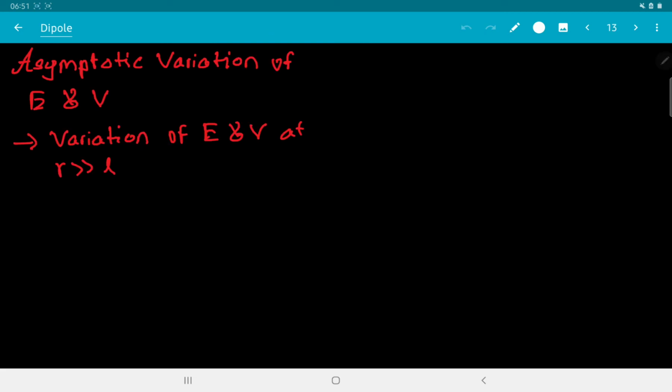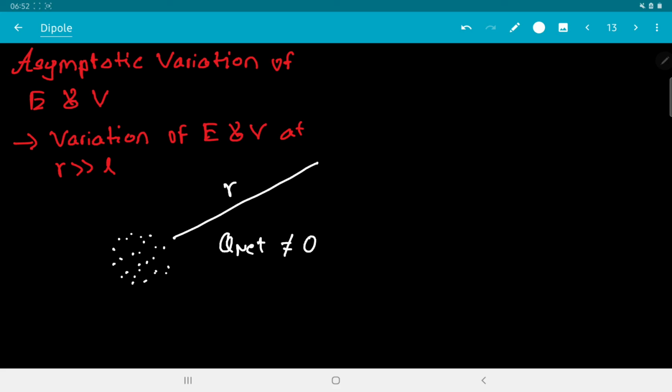So this will help us find the electric field in cases where the point is given in Cartesian coordinate system. Okay, let us look at the next point, which is asymptotic variation of electric field and potential at a very large distance compared to the distance between the charges. For example, if I consider a collection of charges which are either positive or negative, that means Q net is not equal to 0, and you consider a distance which is very large as compared to the distances between the charges.